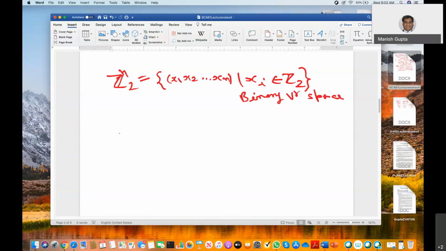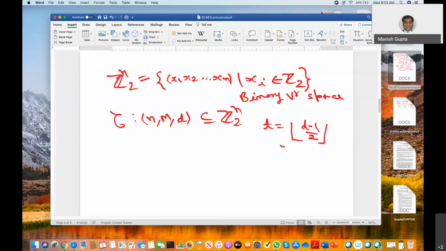Now, suppose C is an (n, M, d) code, simply a subset of Z2 raised to the power n. It is a binary linear code, and we know that it can correct up to t errors, where t is (d-1)/2. So t errors can be corrected.